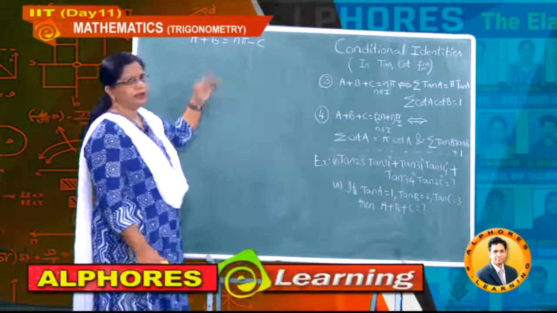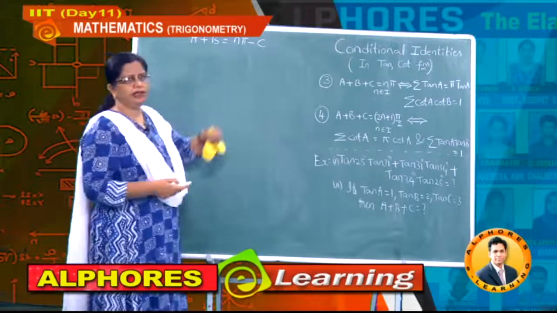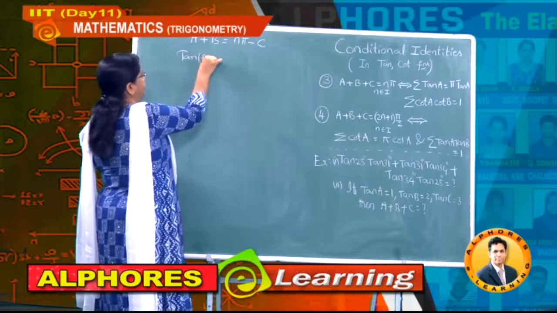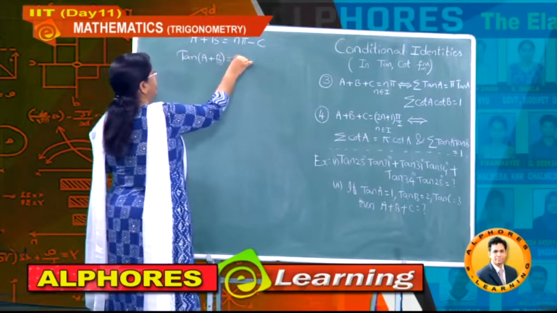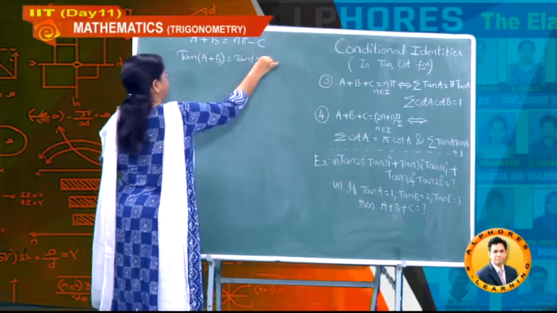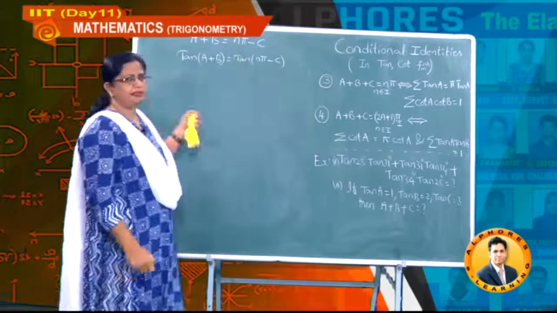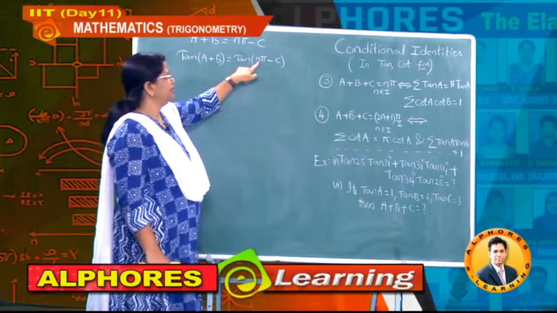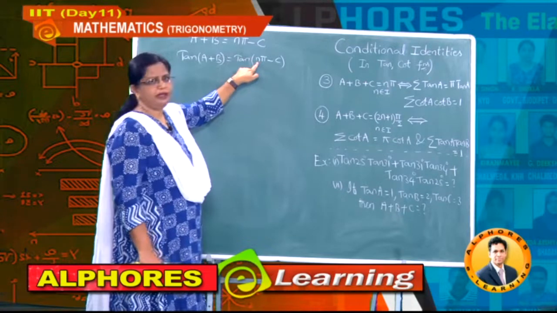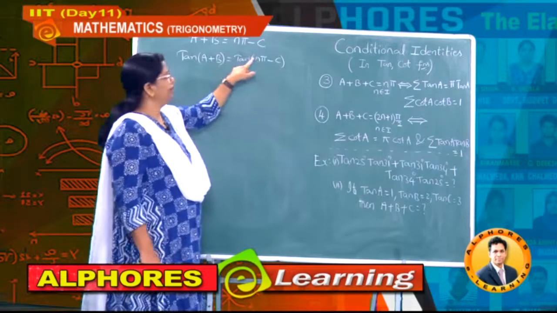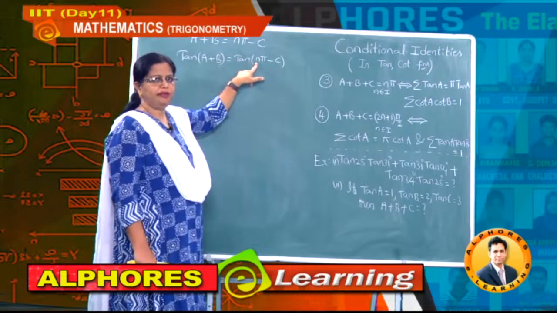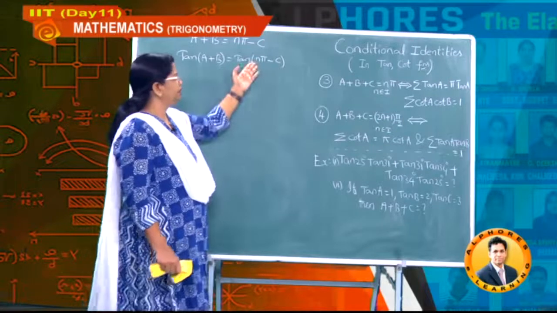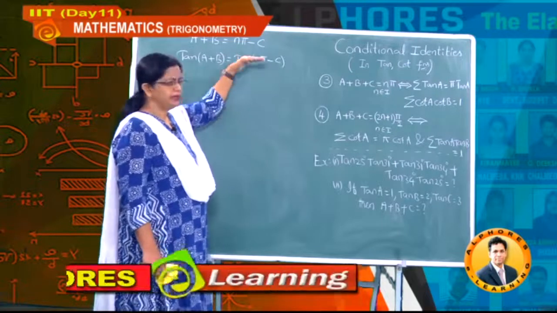Now let us take the tan function, because the required one is in tan. So tan of (a plus b) equals, what is the value? Tan of (n pi minus c). N pi minus c means where is it located? It is not only even multiple, right? Here we are not telling odd multiple or even multiple. It is n pi, n may be 1, n may be 2, n may be minus 1, etc. If n is odd, it falls in the second quadrant.